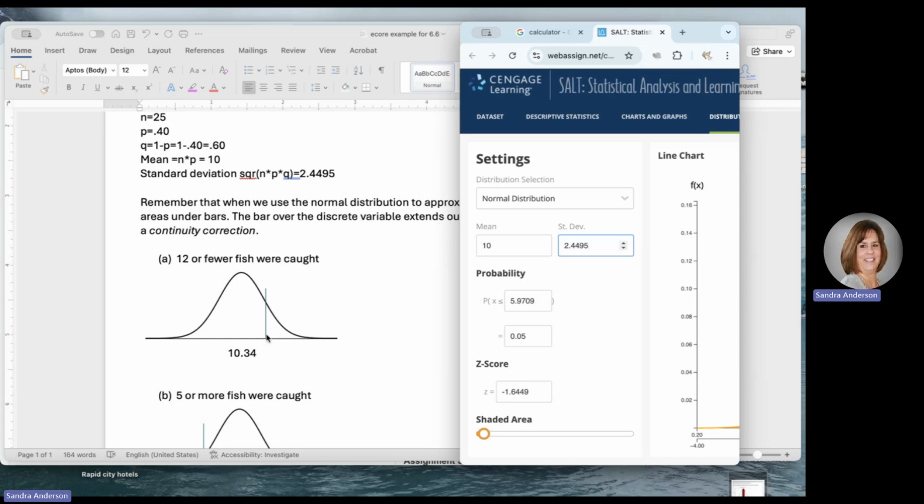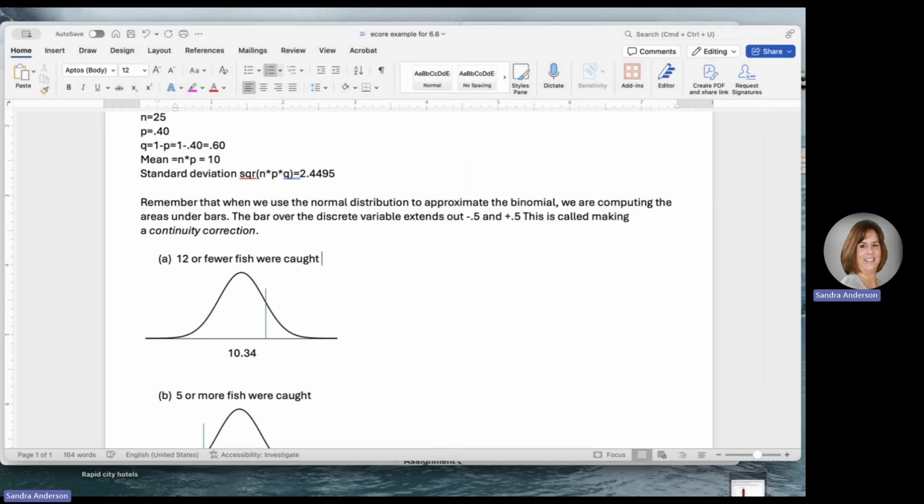To catch everything with the continuity correction in there to get that whole bar, because remember the bars extend from a little bit on each side of 12, we need to get everything less than or equal to 12.5 instead of just 12. So that may be where the problems were coming in for some people. You want to make sure of that.